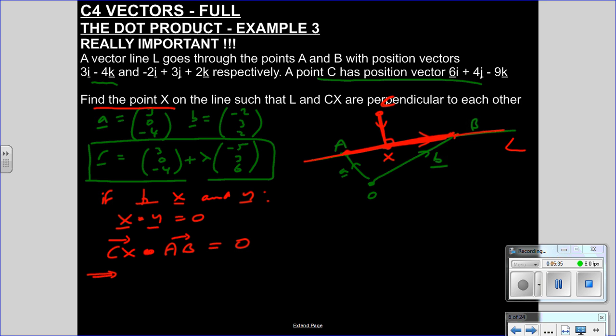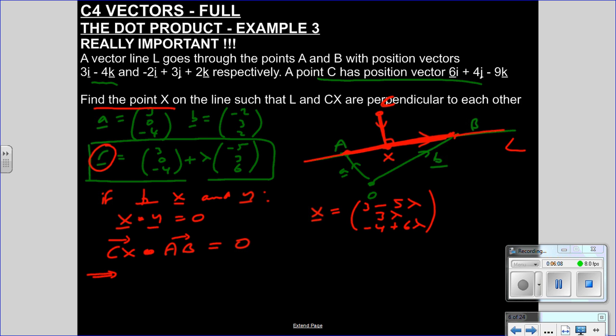So what is C to X? What is X? Well, X is a point on the line, which we don't know yet. We don't know what X is, but we know X is a point on the line. r is any point on the line, isn't it? So if X lies on the line, then X must be the same as r. That's the key bit of understanding that you either get or you need to work to get. X is a point on the line.